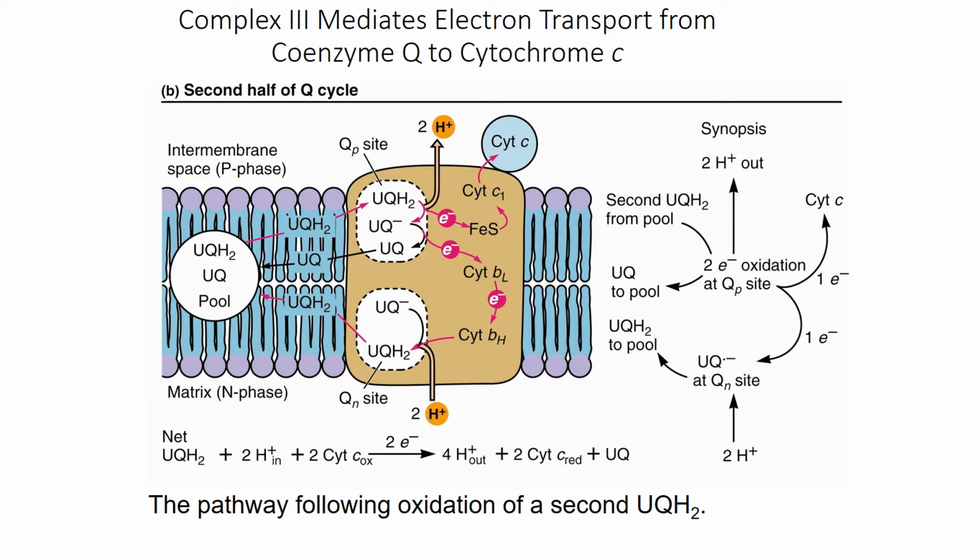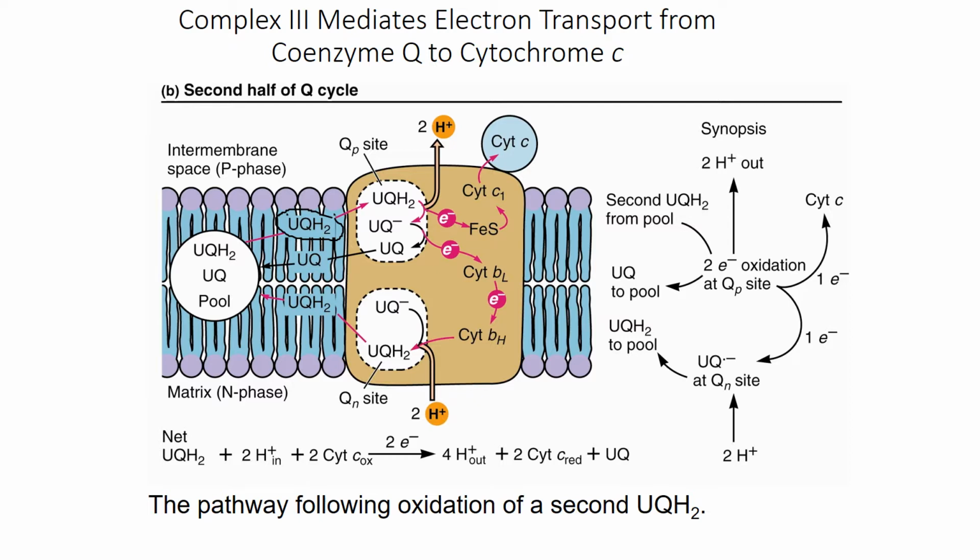A second molecule of UQH2 or CoQH2, however we want to represent it, enters that QP site. It is oxidized to the semiquinone and subsequently to the quinone. Again, 2 protons are pumped across into the inner membrane space.